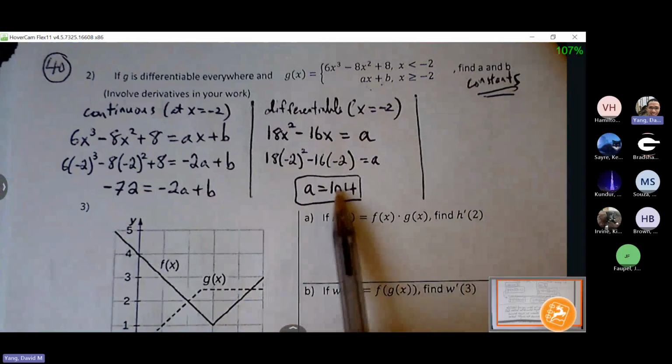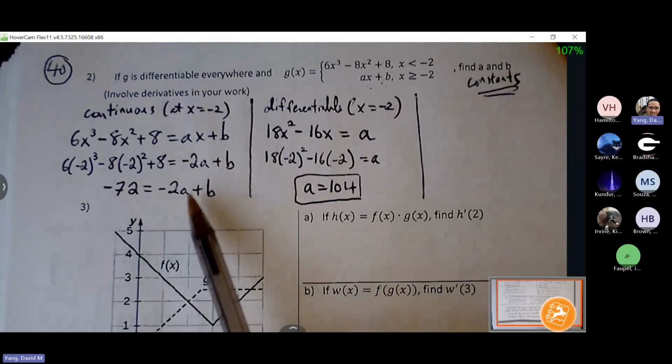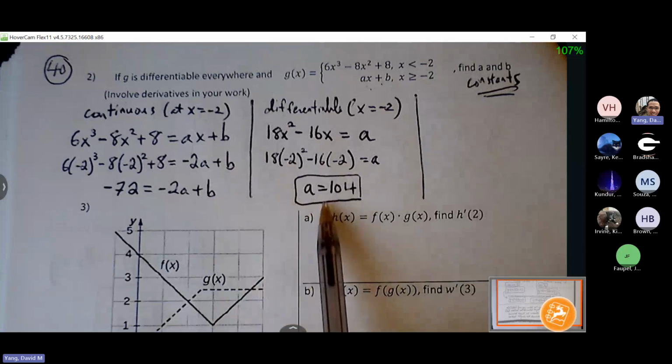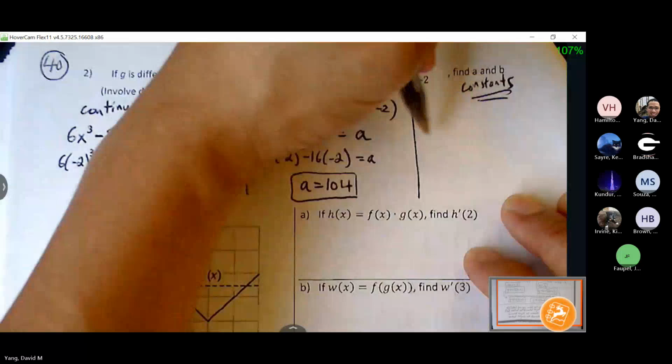Once you have your A value, 104, insert it back into your first equation because you need some resolution, right? I have A, but I still need to solve for B. So plug 104 in for A and then just solve for B.